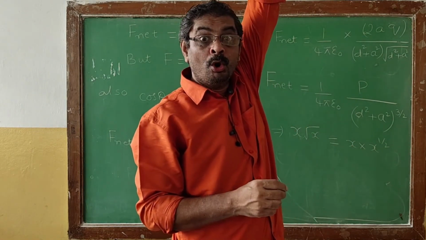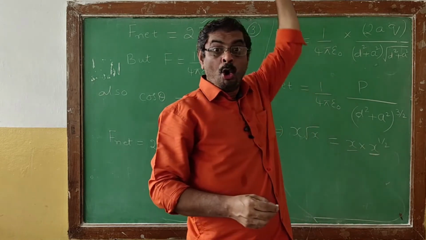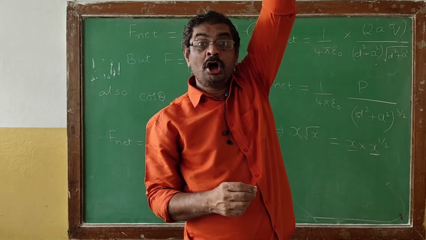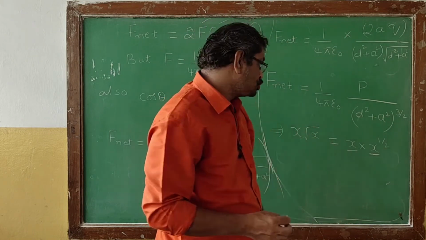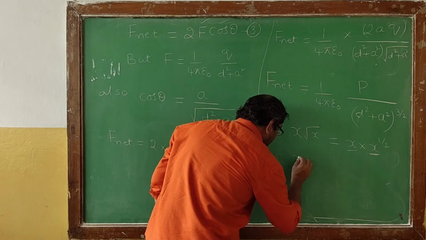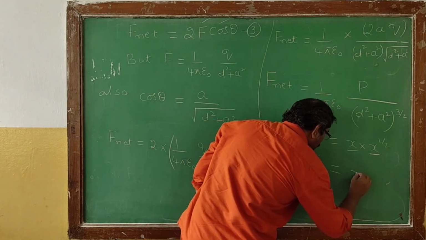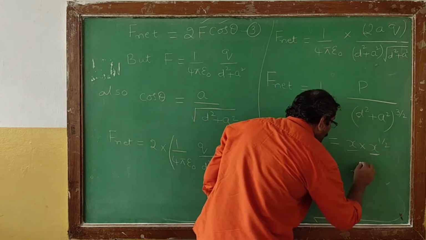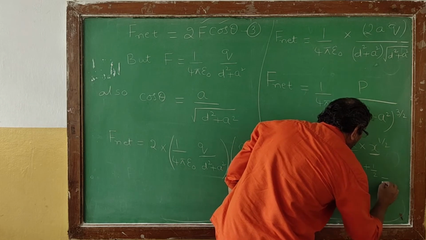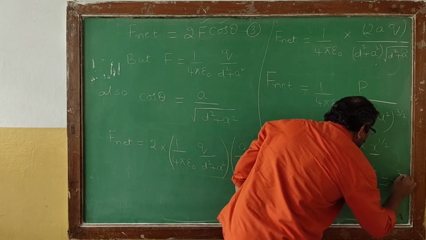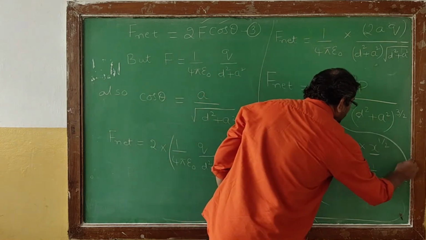You already know that when the bases are equal, the powers should be added. That's the reason x root x is x power 1 plus 1 by 2, which is x power 3 by 2.